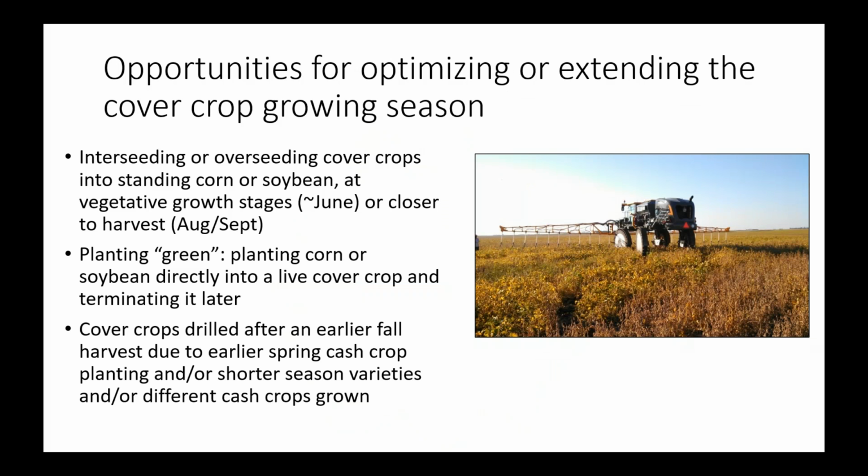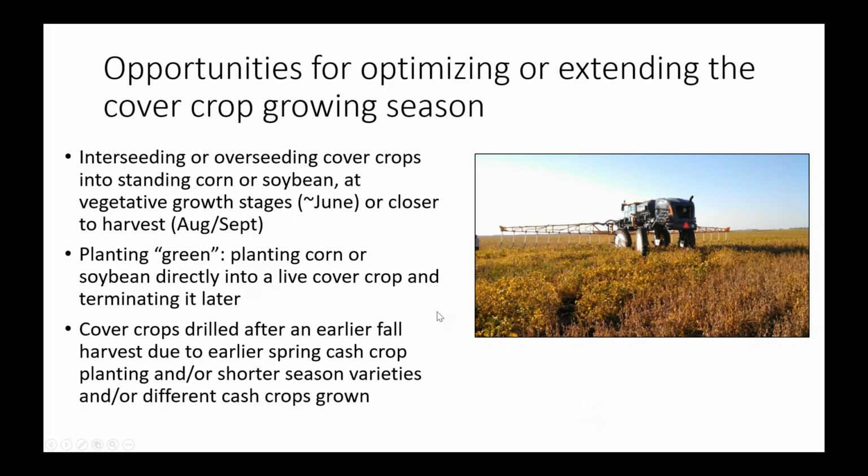And we know that there are a number of opportunities for extending the cover crop growing season, many of which you may have experience with as a producer or as someone who is studying or giving advice about cover crops. So there are things like interseeding or overseeding cover crops into standing corn or soybean, maybe at vegetative growth stages at this time of the year or closer to harvest.